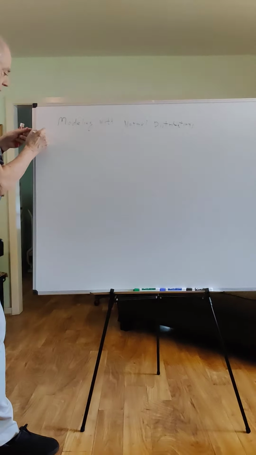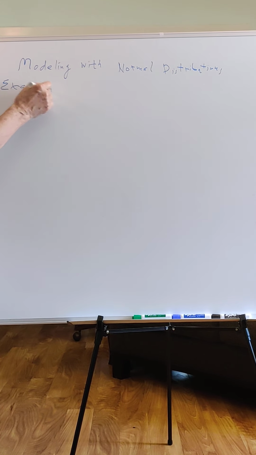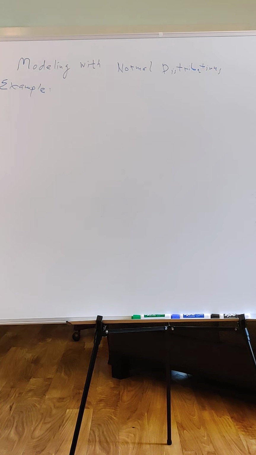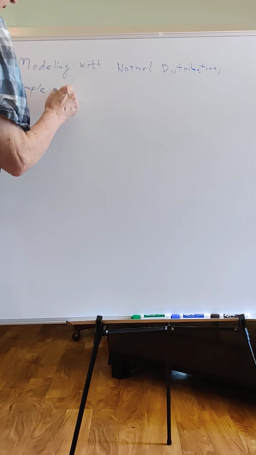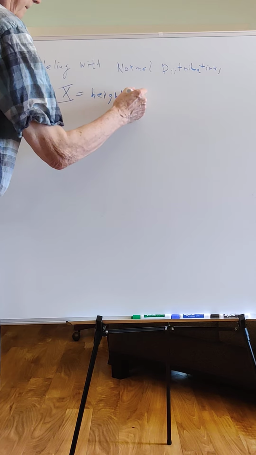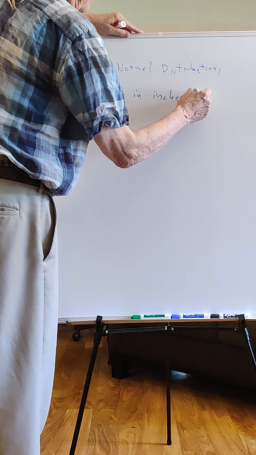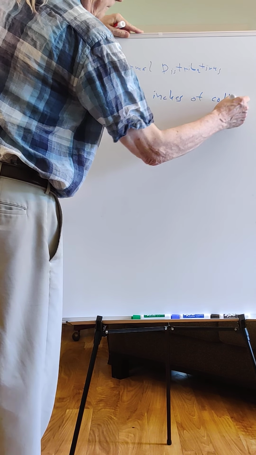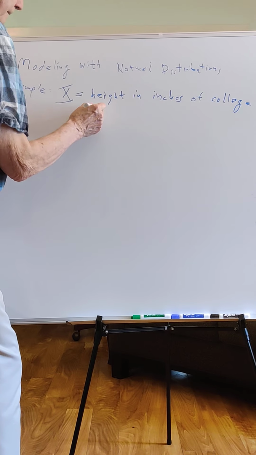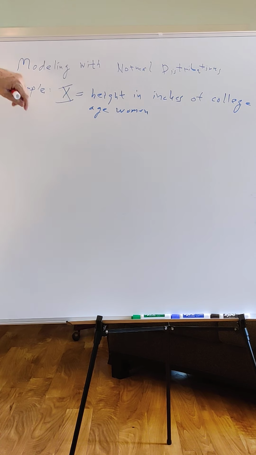Okay, so my example is taken from another textbook. Let's consider the population of college-age women and consider their height in inches. So x equals height in inches of college-age women. So this can be modeled.